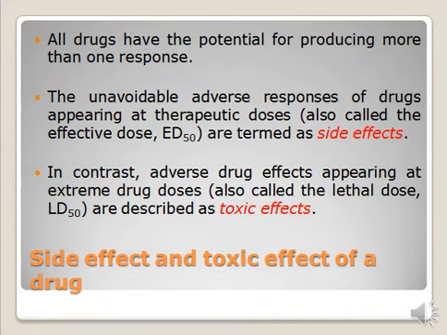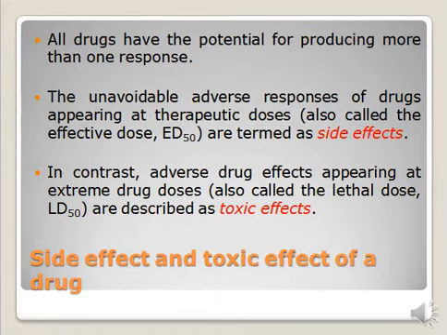So all drugs or all medicines have the potential for producing more than one effect, right? So the unavoidable adverse response of a drug appearing at therapeutic dose, known as effective dose, is known as the side effect or secondary effect, right?